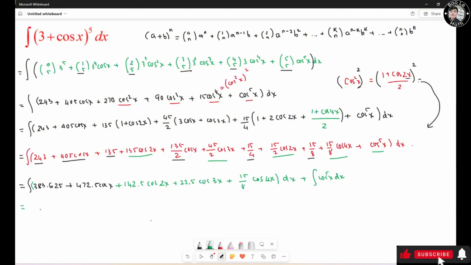Alright, now we take the antiderivative of this one, so it's going to be 383.625x plus 472.5 sine x plus, this guy is going to be 1/2, right?